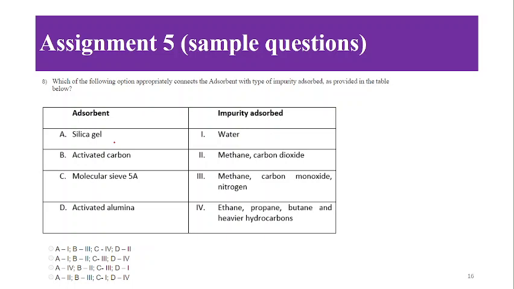Activated carbon is usually used to adsorb methane and carbon dioxide. So B will be connected to 2. Next is molecular sieves. Molecular sieves are usually used to adsorb methane, carbon monoxide, and nitrogen. And activated alumina is generally used to capture water. So the correct answer is A4, B2, C3, and D1.